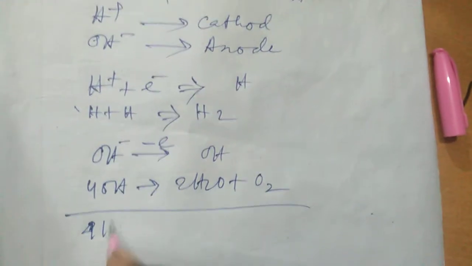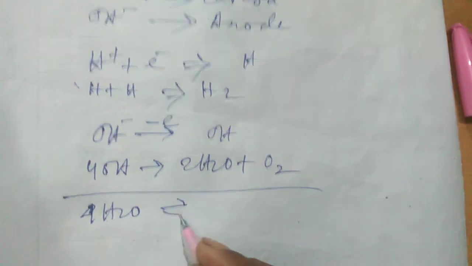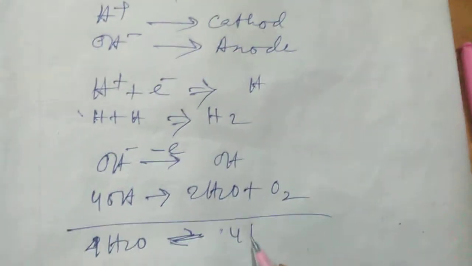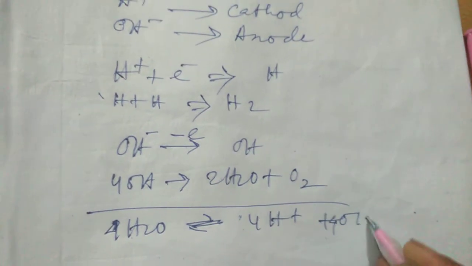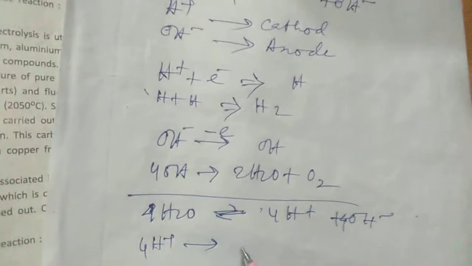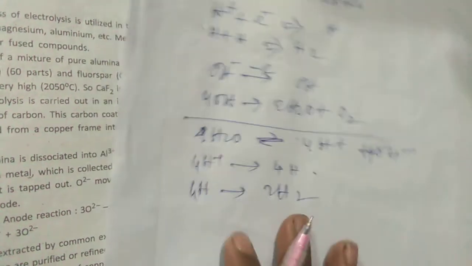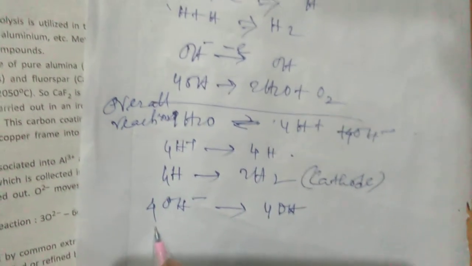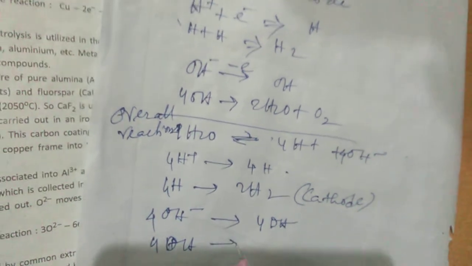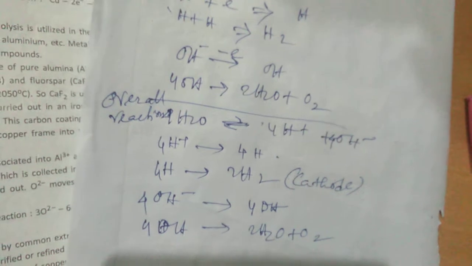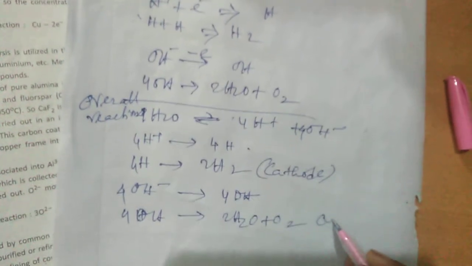So 4 H2O will produce 4 H+ and 4 OH-, and then 4 H+ will produce 4 H, and they will ultimately produce 2 H2. And 4 OH- will produce at first 4 OH at the anode, and then these 4 OH will produce 2 H2O plus O2.